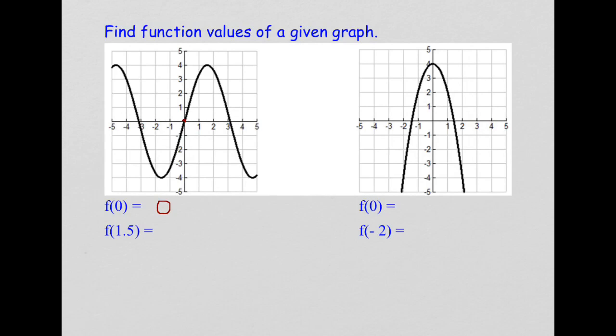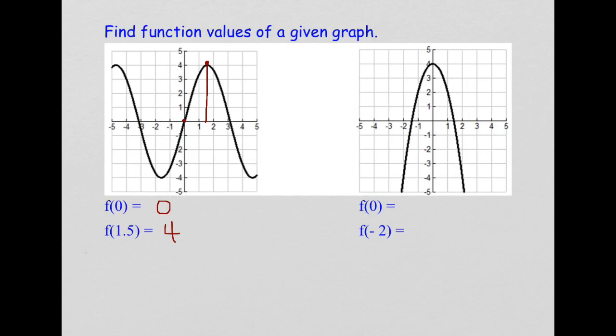Now, if we do f of x equals 1.5, that's right here. And we want to know what the y value is right there. So we go up until we hit the graph, and we see at 4 is where f of x is 1.5, y is 4.